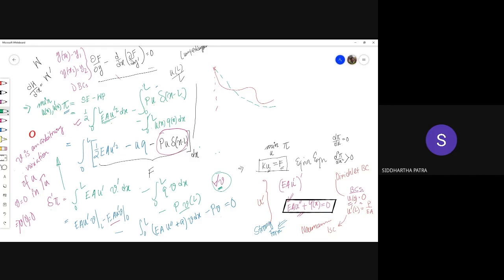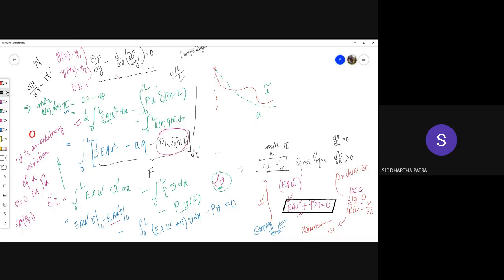An arbitrary function, U tilde, not this one, this one is U, this one is U tilde, would be admissible for a potential solution to this minimization problem only if it satisfies the boundary condition. The boundary condition of Dirichlet type, which is directly on U, must be satisfied.